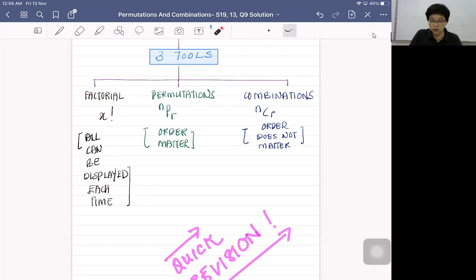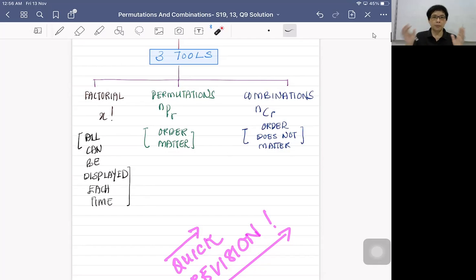Then out of these two, how do we differentiate when to use permutation and when to use combination? As stated here, for permutation, the order of the choices matters, the order of the items being arranged matters.